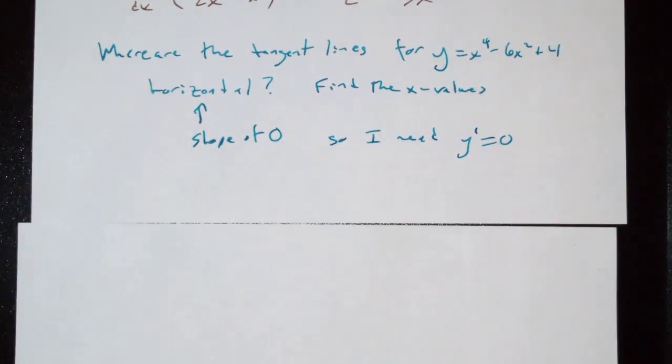The slope of a tangent line is given by the derivative. So if I want to know where the slope of the tangent line is 0, I need to know where my derivative is 0. Which means I need my derivative. What's my derivative?